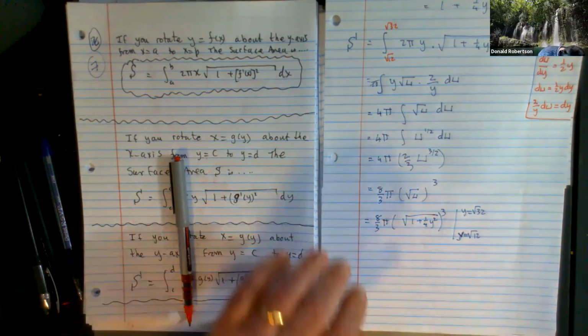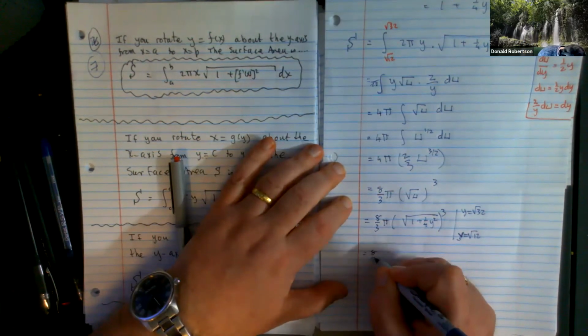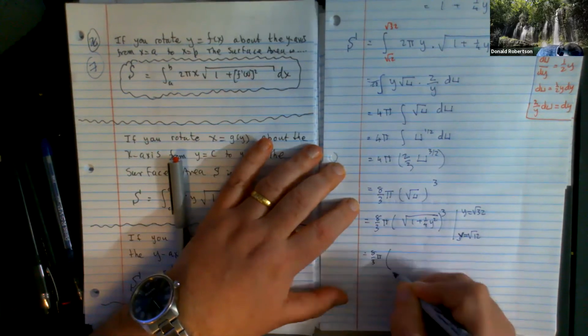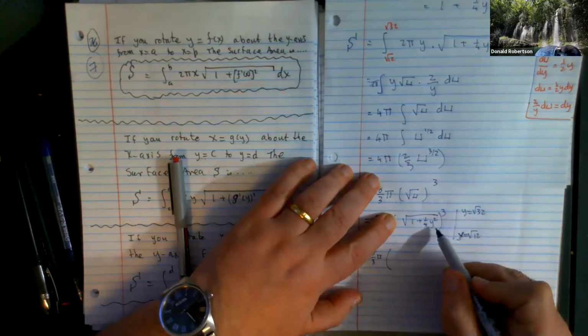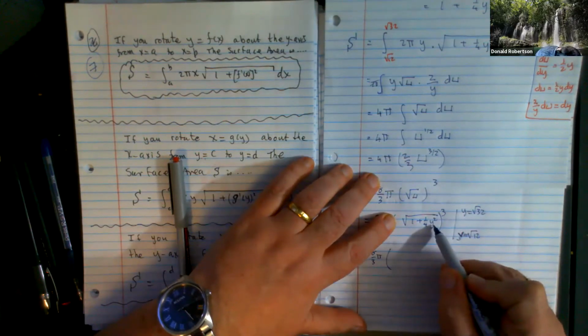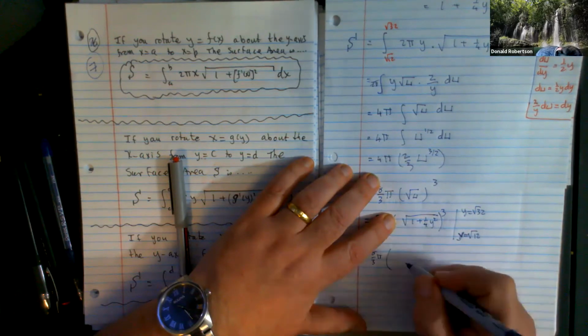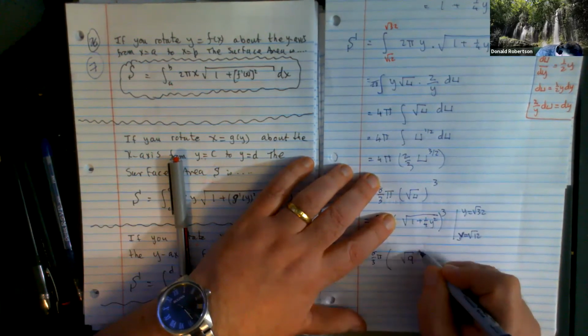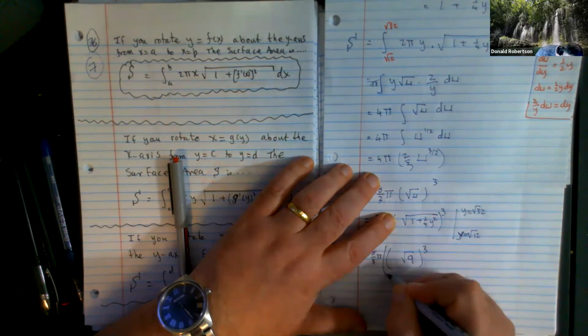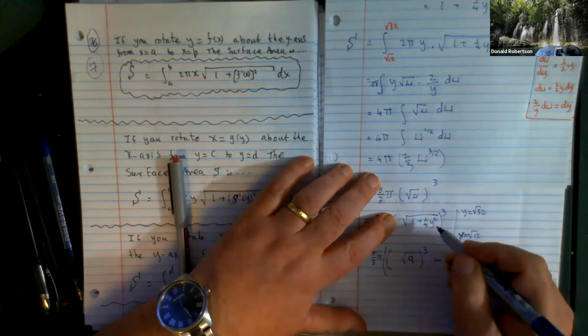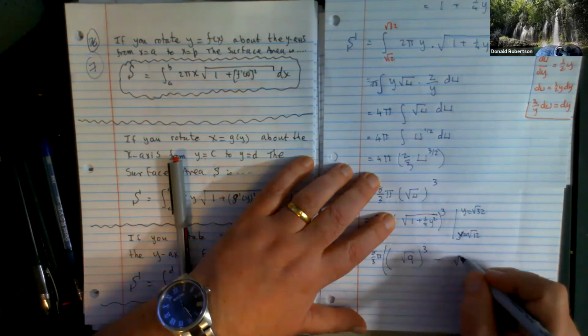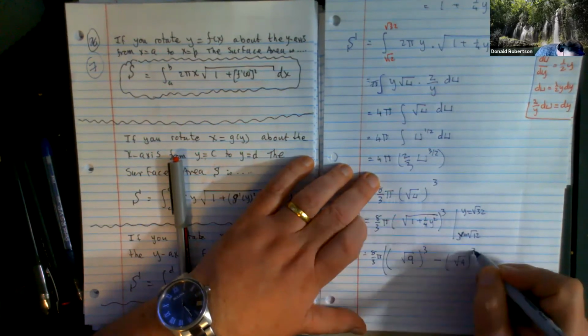Now, in this case, it's going to be 8/3 pi. So let's see what we get. If you plug in y and replace it by the square root of 32, this guy becomes 32. A quarter of 32 is 8. 1 plus 8 is 9, so you get the square root of 9 cubed. If you plug in 12, you get 3, so the square root of 4 cubed.